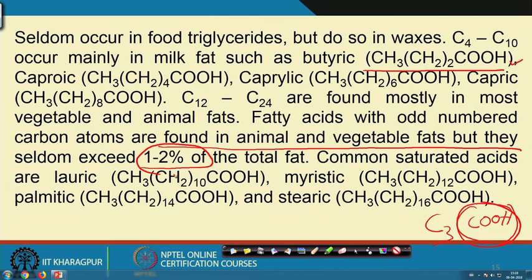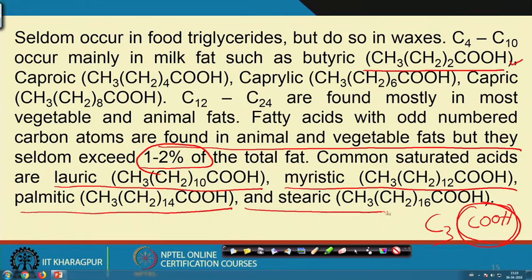The common saturated acids are lauric acid, which is CH3(CH2)10COOH, myristic acid, that is CH3(CH2)12COOH, palmitic acid, that is CH3(CH2)14COOH, stearic acid CH3(CH2)16COOH, right.